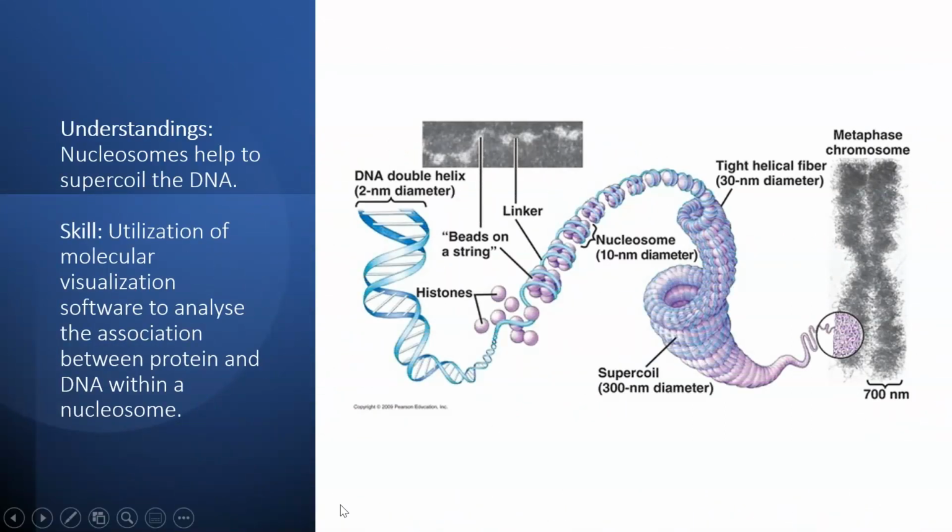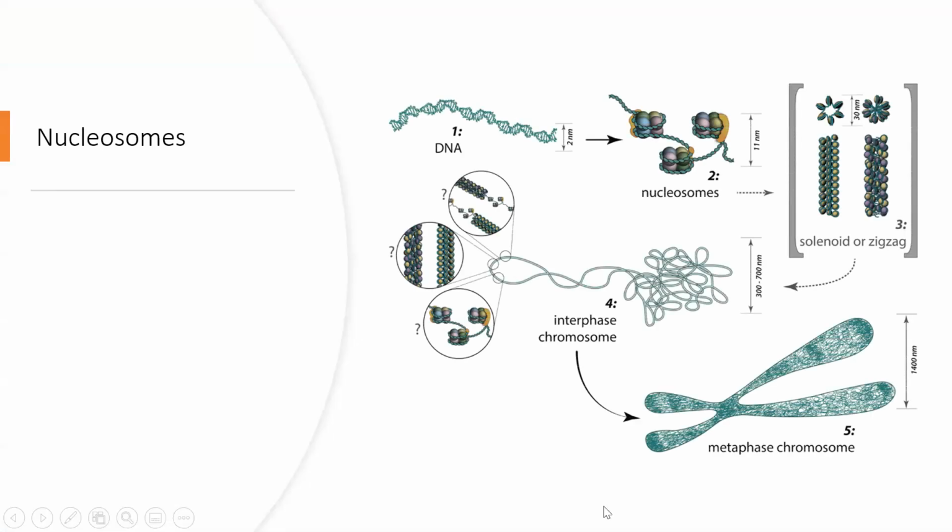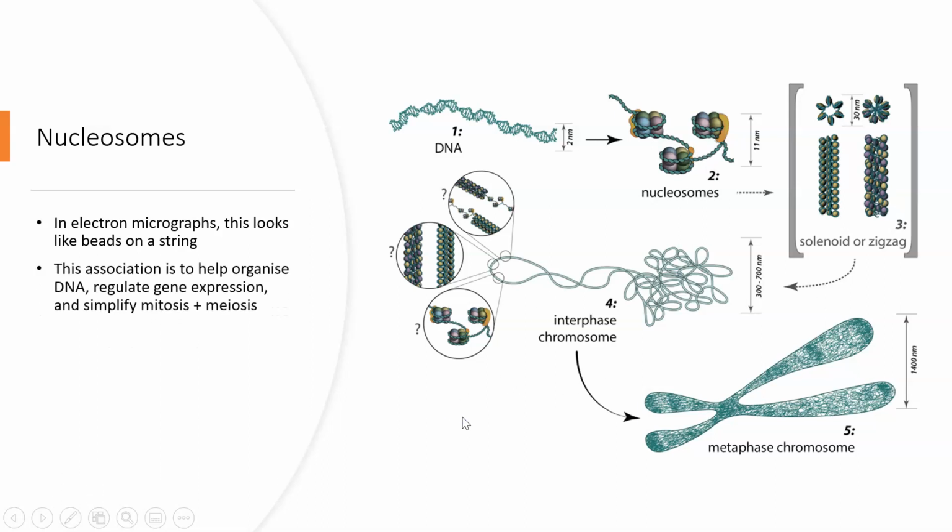Okay, we are now looking at a couple of understandings and a skill, looking at nucleosomes. In electron micrographs, nucleosomes look like beads on a string. So you can see over here, here are our nucleosomes, and they look like beads on a string. This association helps organize our DNA, regulate gene expression, and simplify mitosis and meiosis.